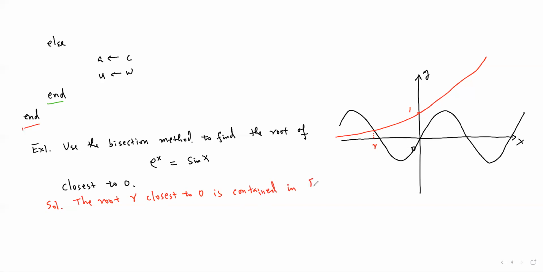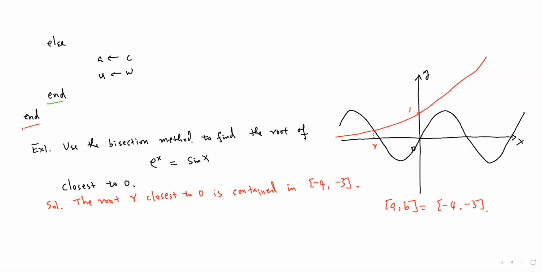Which interval? -4, -3. Now I apply the bisection method to this interval. The initial AB is this interval.